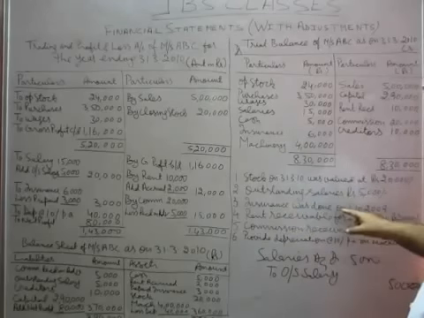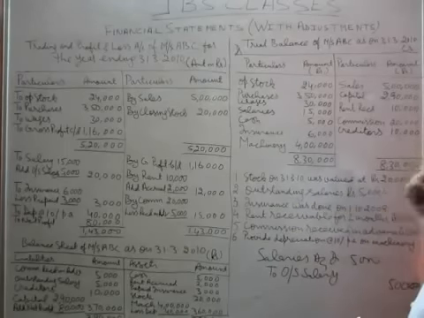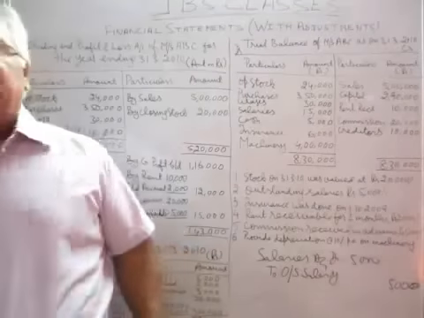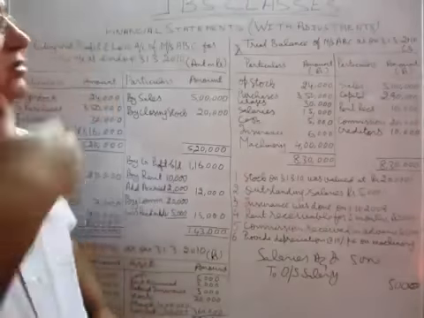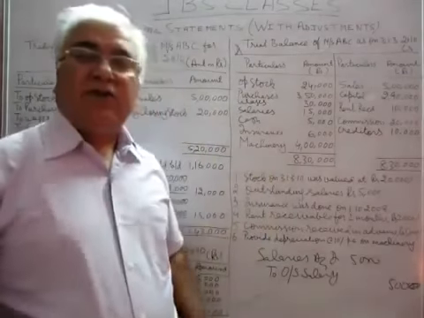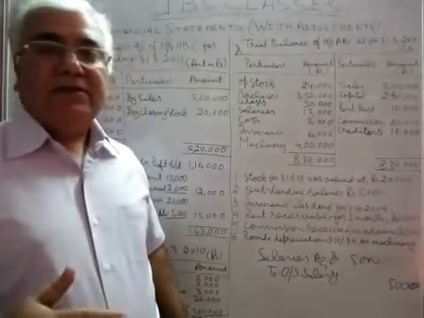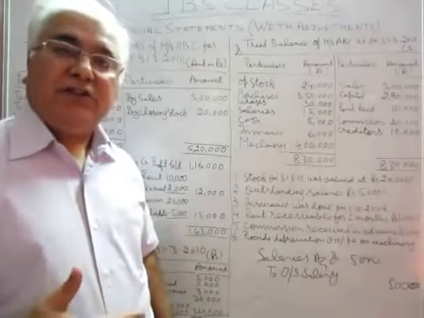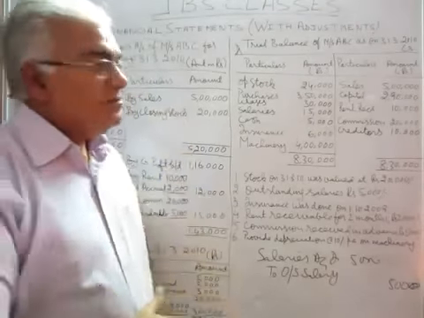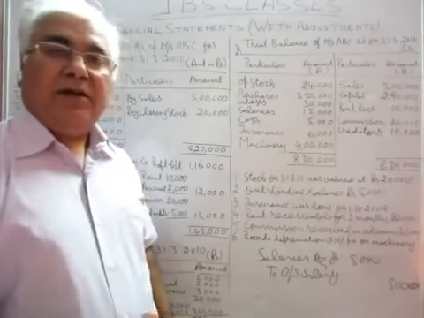Insurance was done on 1/10/2009. Actually, this firm's accounting period starts from 1st April to 31st March. So if you buy an insurance on 1/10/2009, that means whatever you have paid as insurance belongs 6 months to this accounting period and 6 months to the next accounting period.